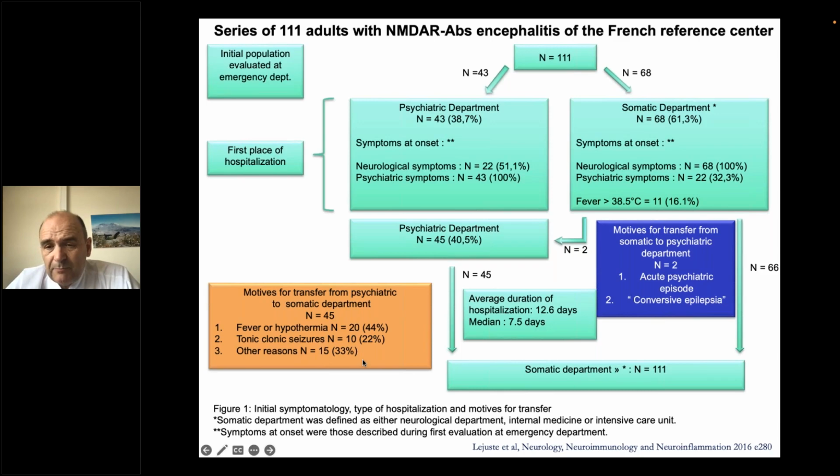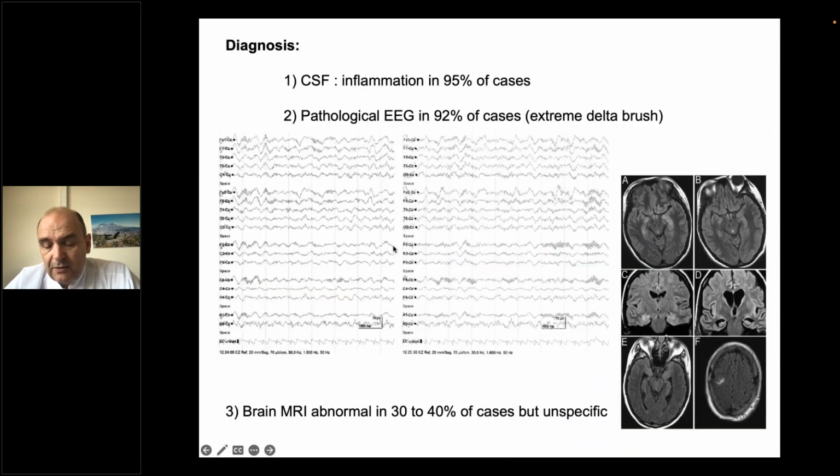And so it's very important to insist that the psychiatric symptoms are not specific, and that the psychiatrists have to think about NMDA receptor encephalitis in some patients, because the diagnosis is not so easy. CSF is inflammatory in 95% of cases, but most of the time it's only the presence of oligoclonal bands. And so people have to test oligoclonal bands in the CSF.